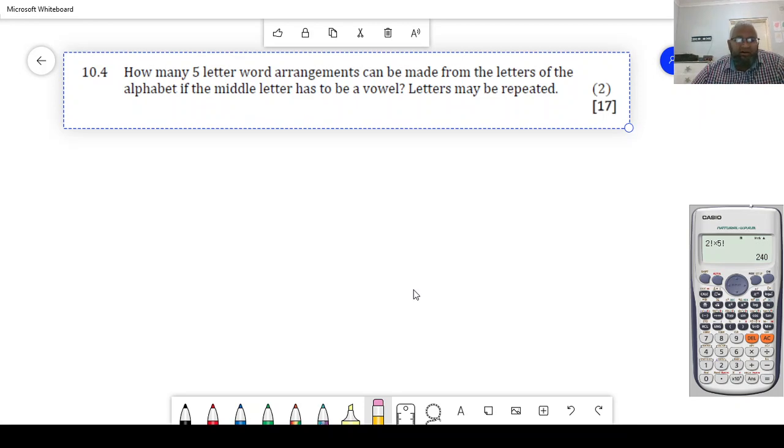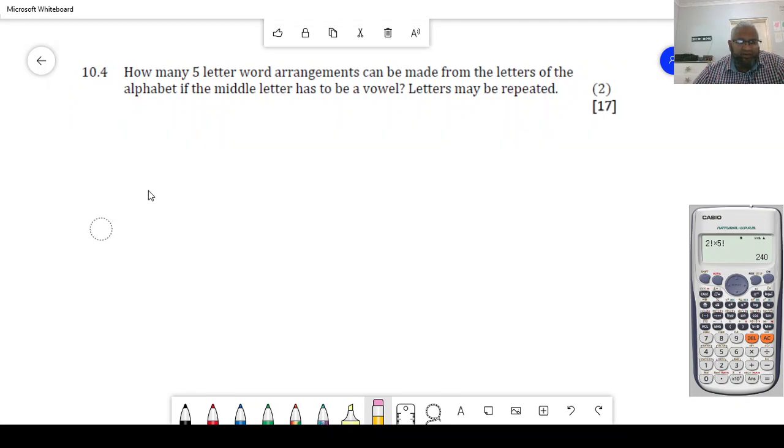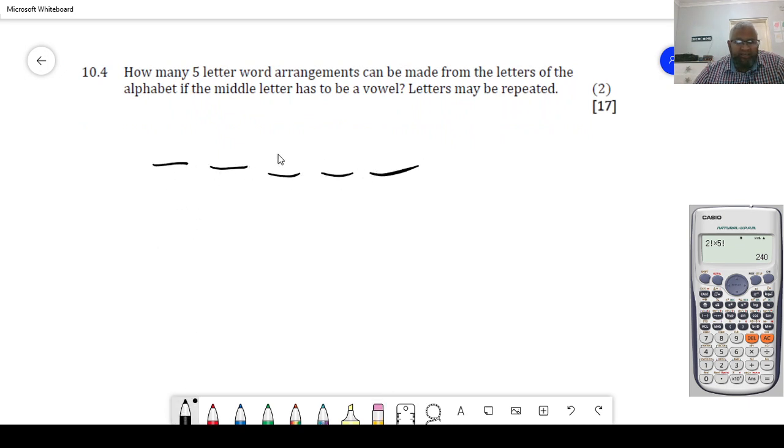The vowels are A, E, I, O, U. There are 5 vowels. So for a 5-letter word, 1, 2, 3, 4, 5, the middle letter has to be a vowel, so it can only be one of 5 options.